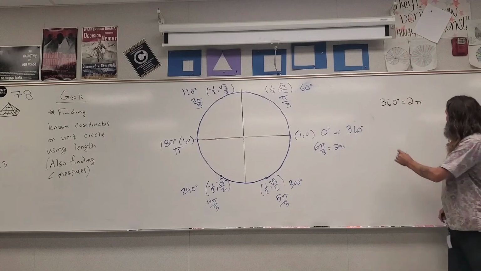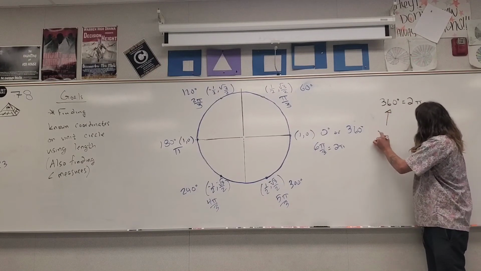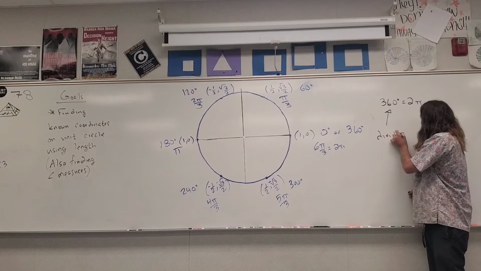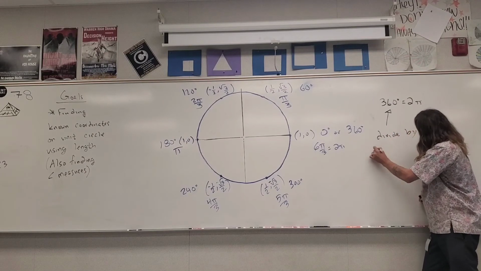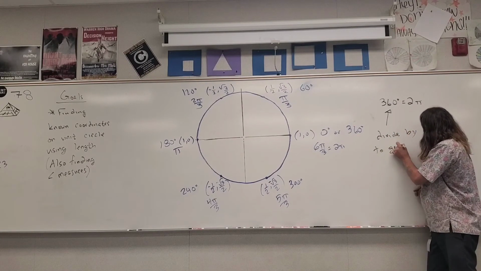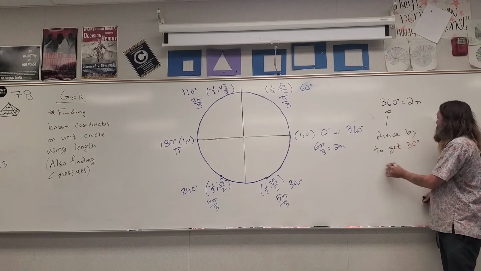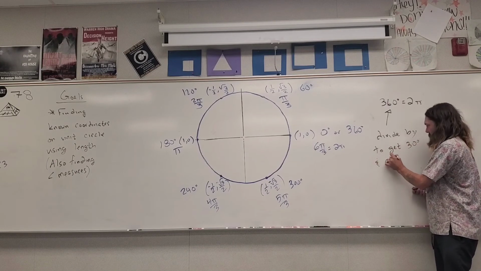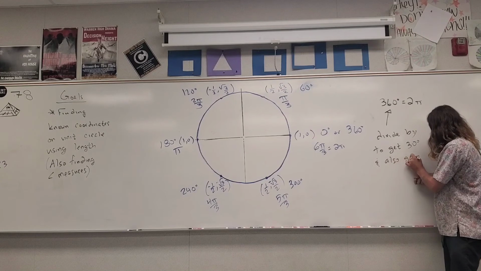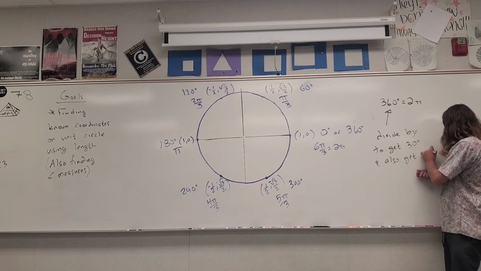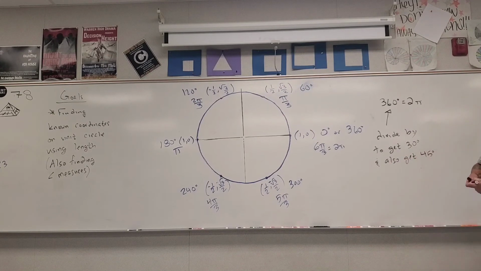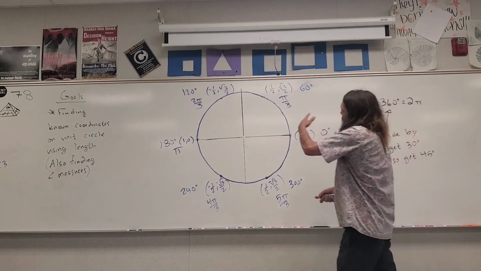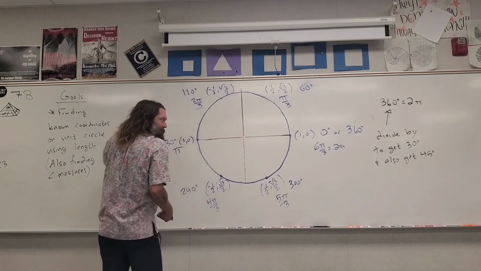And you need to figure out what you need to divide this by to get 30 degrees, and also to get 45 degrees. And once you do that, then you're going to know your length that you have to travel around to get to those increments. And I'd like you to fill this in and simplify the fractions as you work your way around.